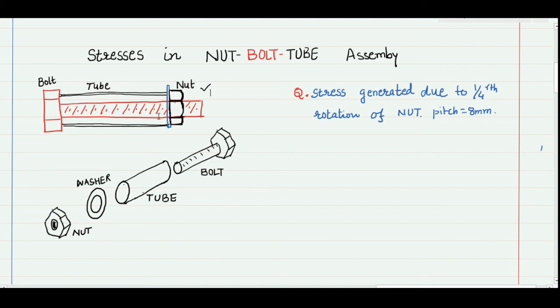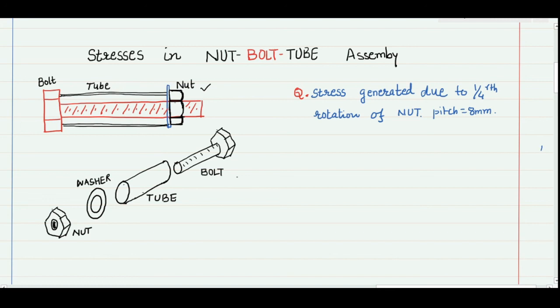Please remember, in GATE kind of exams you will not be asked to solve a numerical, but conceptual problems will be there. In this problem the bolt is going to be subjected to tensile forces, however the tube is going to be subjected to compressive forces. So this is a concept and we must learn this concept. Now how is it happening?